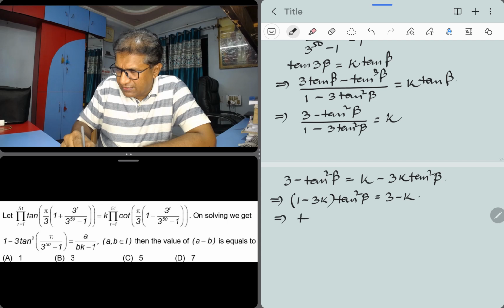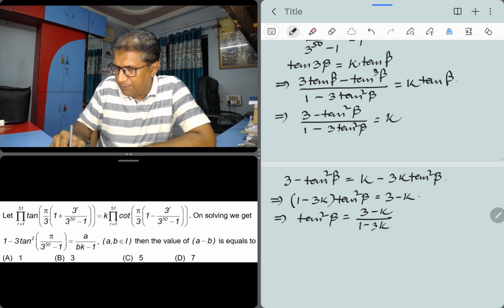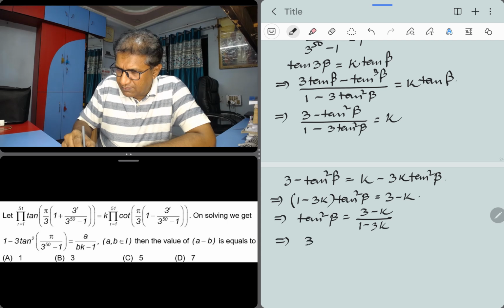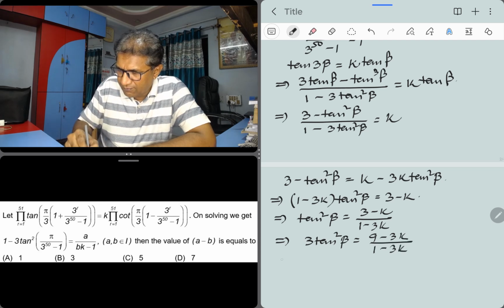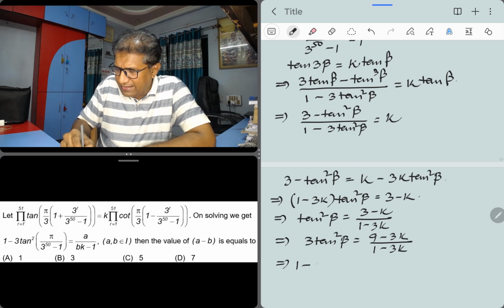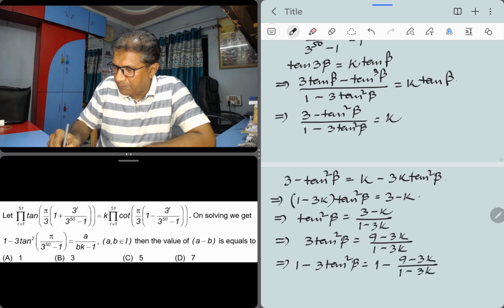So that gives us tan square beta is 3 minus k over 1 minus 3k. So that gives us 3 tan square beta is 9 minus 3k over 1 minus 3k. And 1 minus 3 tan square beta is 1 minus 9 minus 3k by 1 minus 3k.